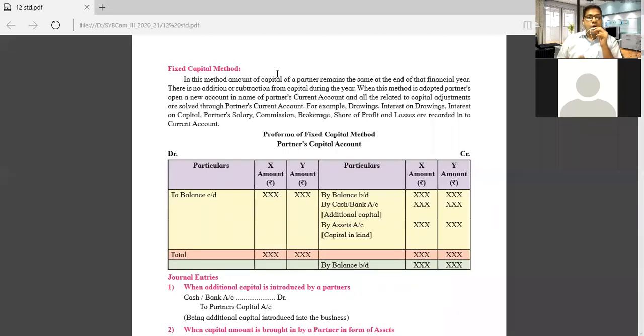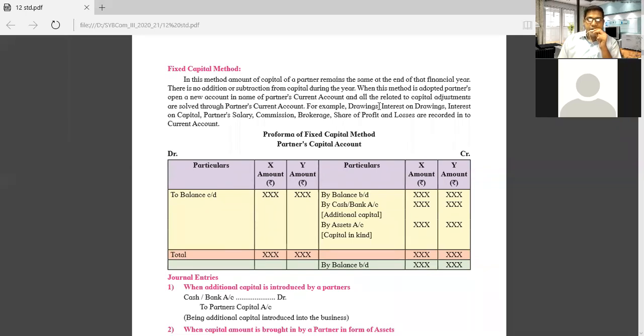Now, under the current account, what kind of transactions are recorded? Drawing is a personal expense of the partner. Interest on drawing is also a personal expense of the partner.